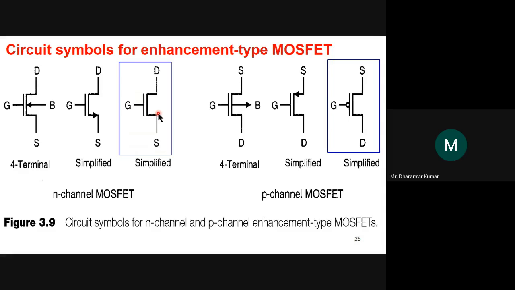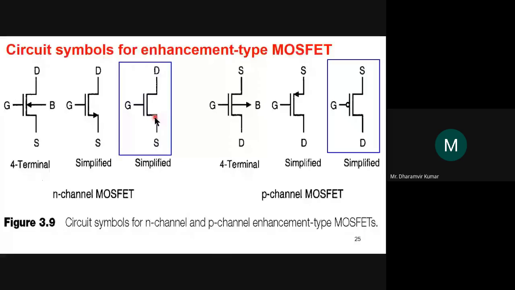This symbol conveys that message. If the body terminal is not connected to the source terminal, then the body terminal will be shown as a fourth terminal connected to some different potential. But if it is connected to the source at the same potential, which is the case most of the time, you will not see the fourth body terminal and the arrow. It is understood automatically. Keep that in mind.